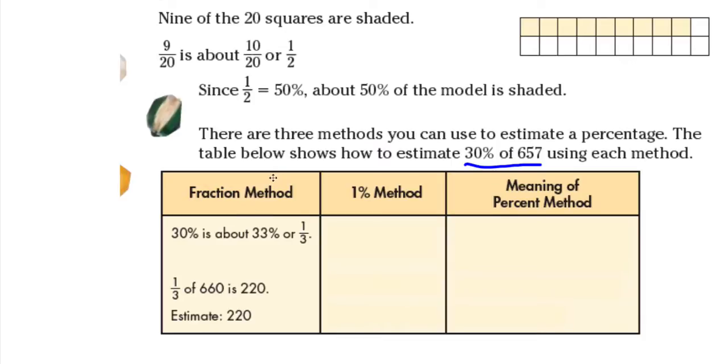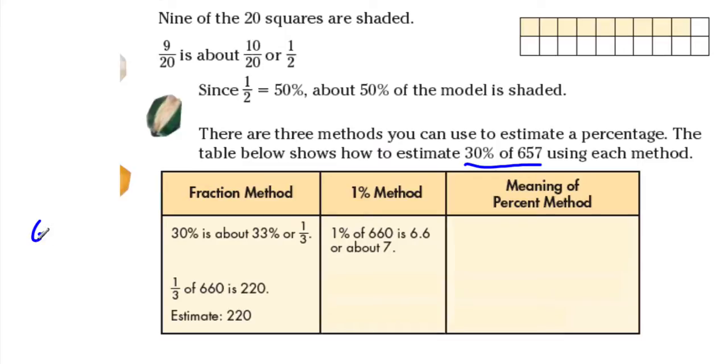Let's take a look at the 1% method. 1% of 660 is 6.6. Again, 660 is taken from 657, which is close to 660. How did I get that? Very easy.